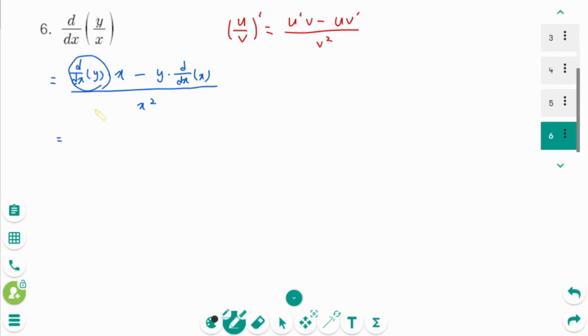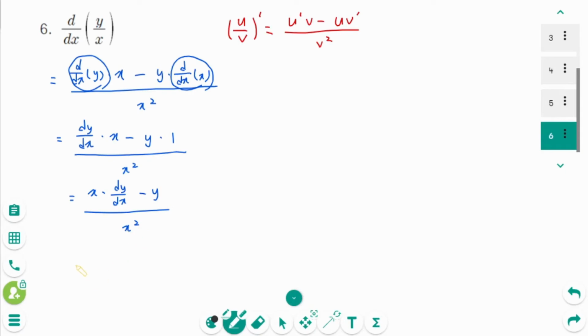The first one is dy dx times x minus y times 1, over x squared. The final answer is (x times dy dx minus y) over x squared. Or we can rewrite as (x y prime minus y) over x squared.